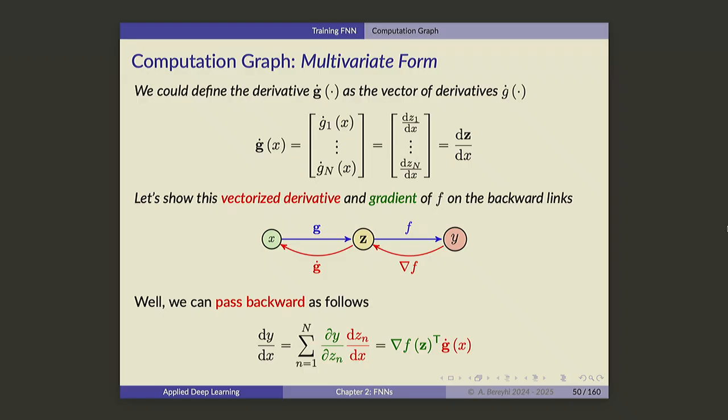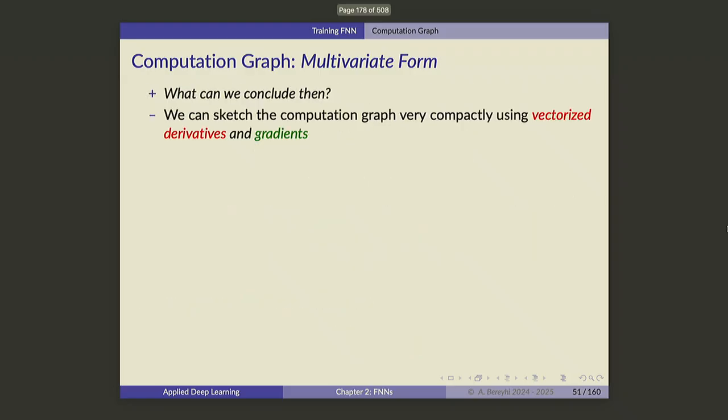I'm again computing another derivative, but my derivatives are no more scalars, they are vectors, right? I end up just computing the inner product, right? So the key point here is that when you have a vectorized computation graph, where your nodes are not simply scalars but vectors, you can still do the same thing. The only difference is that you need to know what kind of product you need to do, right?